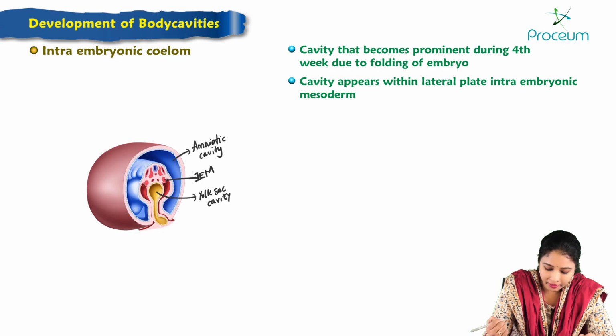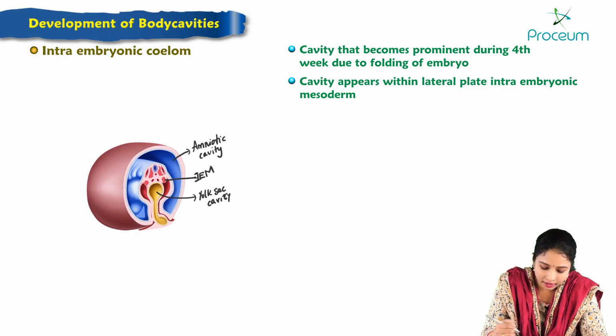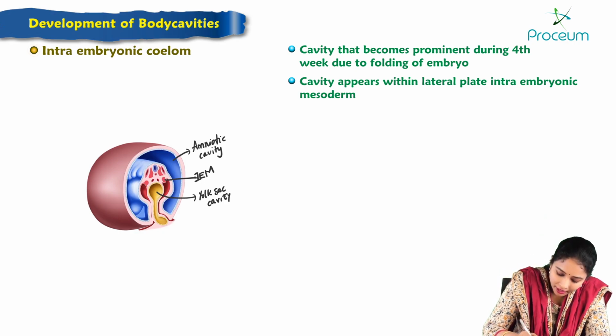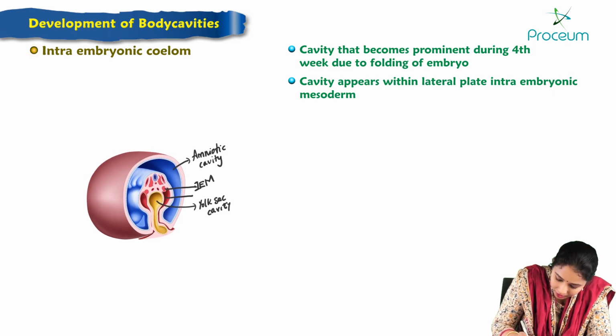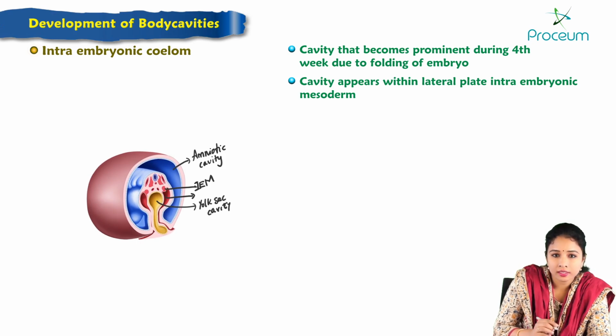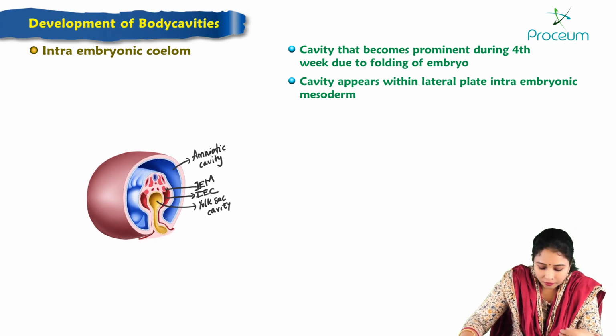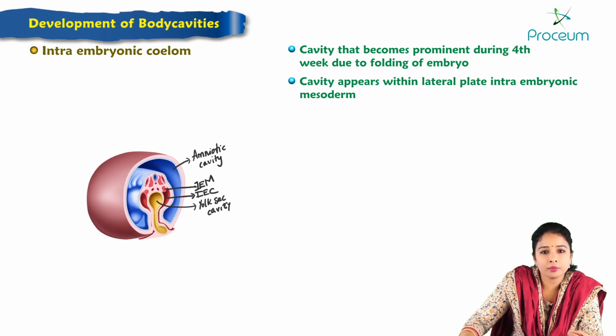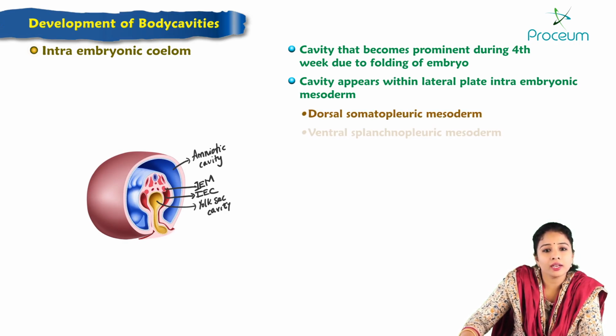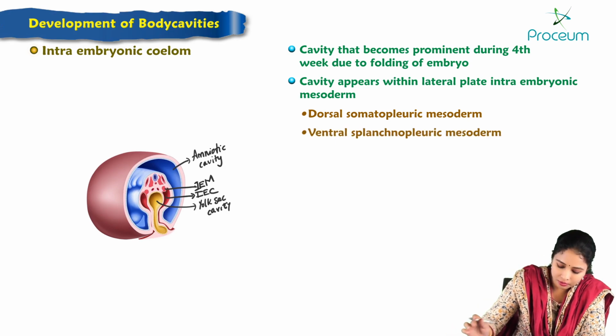The pink or red one is the intraembryonic mesoderm, and the cavity which we see developing within it is the intraembryonic coelom. Because of this cavity, it divides the lateral plate mesoderm into dorsal somatopleuric mesoderm and ventral splanchnopleuric mesoderm.